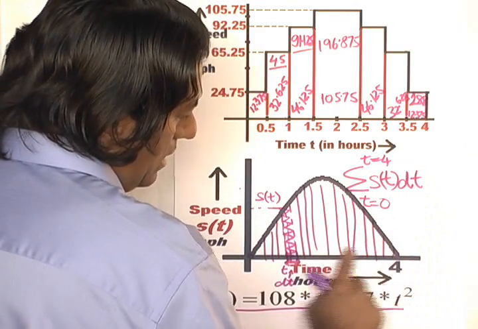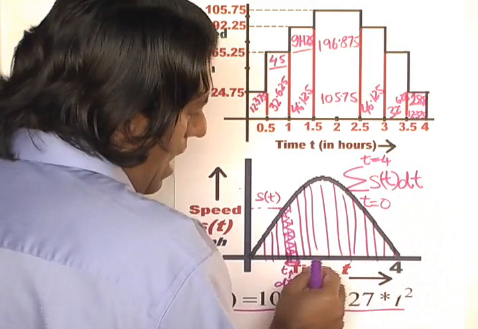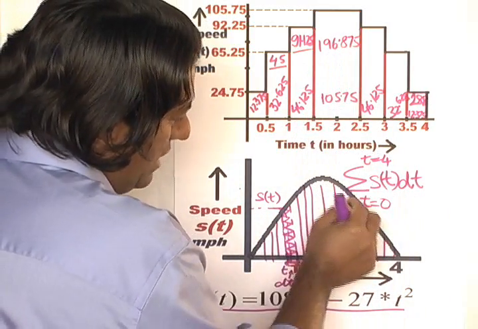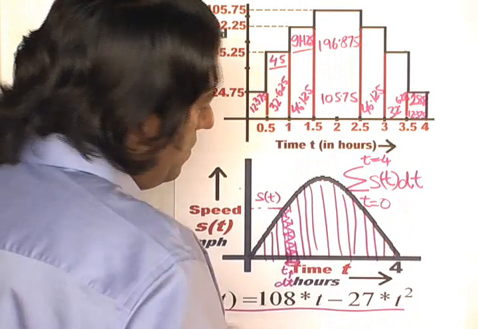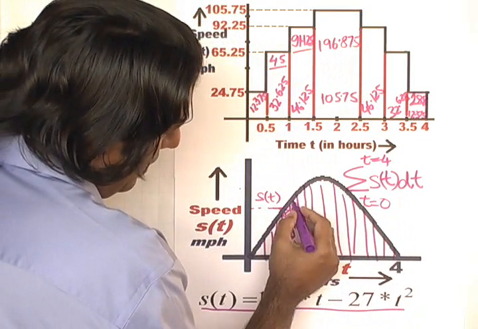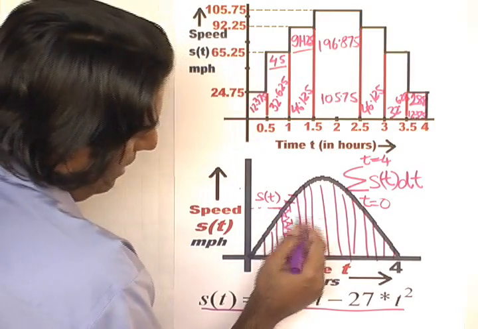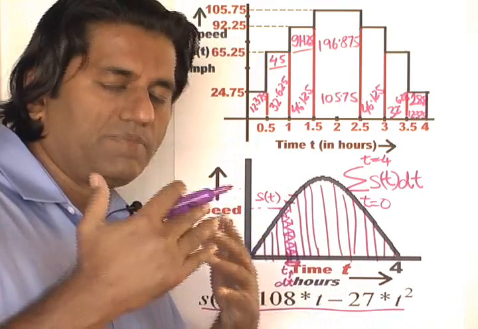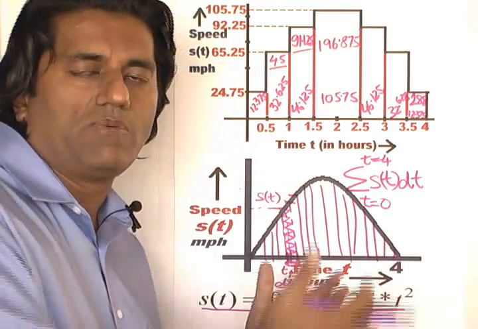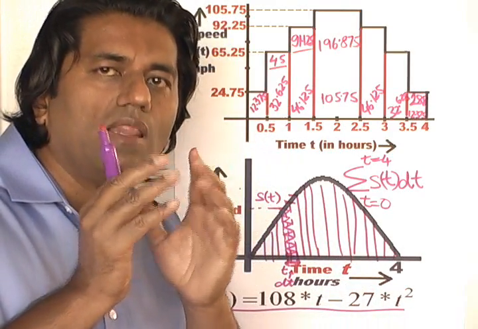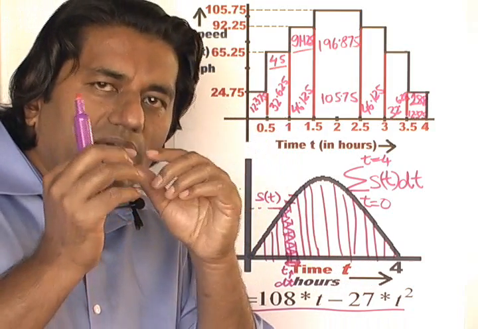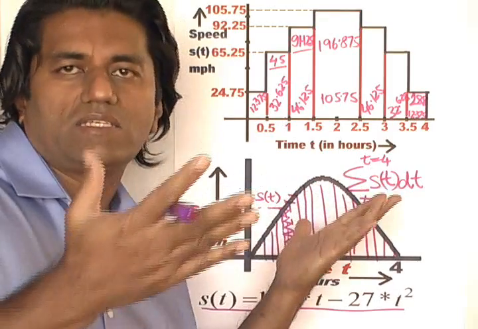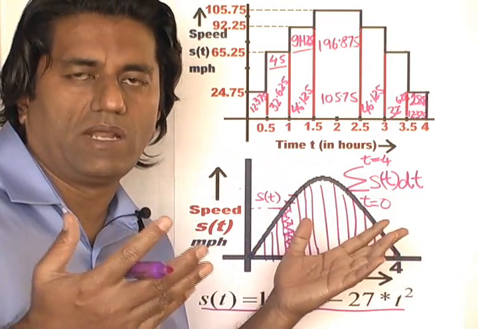So the area under this curve could be found by, you don't have rectangles anymore, but these little intervals of time. You look at the speed at the starting part of the interval and the speed at the ending part of the interval, and because the interval of time is small, the change in speed is also small, and therefore the speed can be approximated as, let's say, the starting speed or the midpoint speed or whatever.